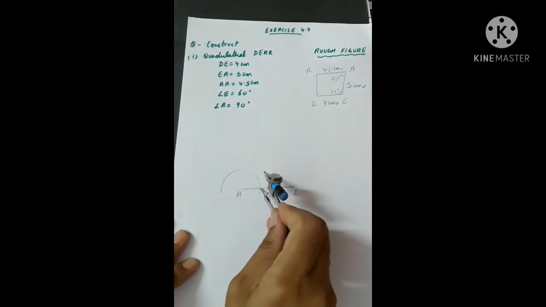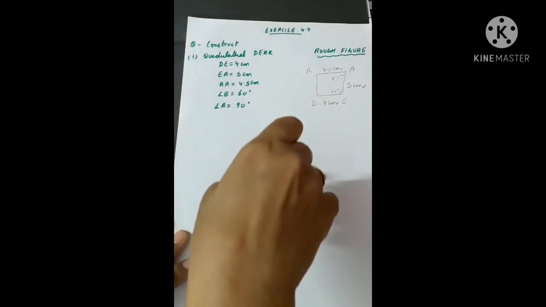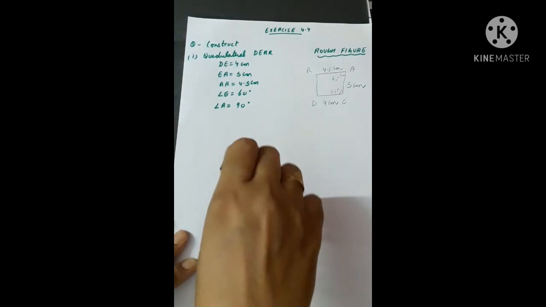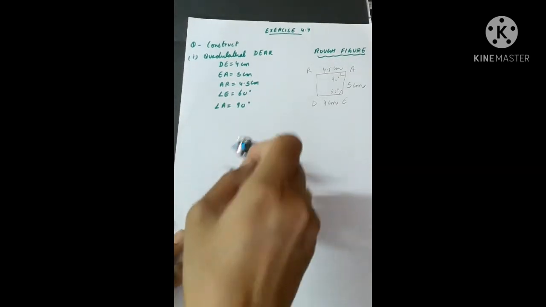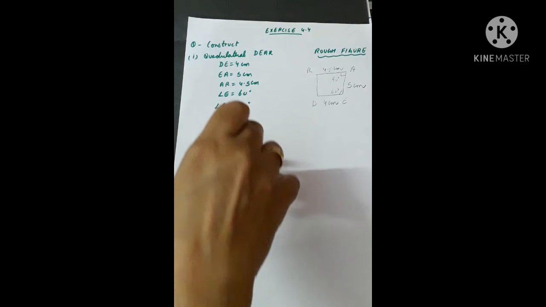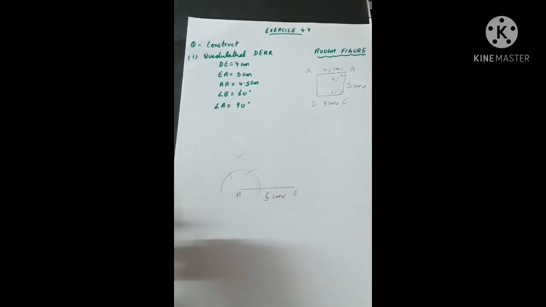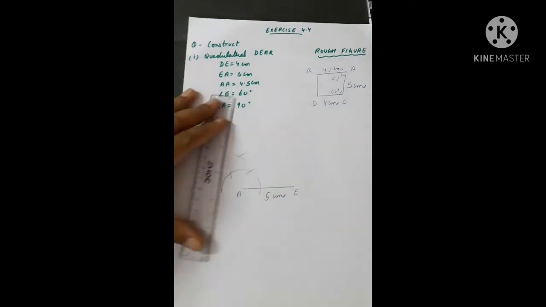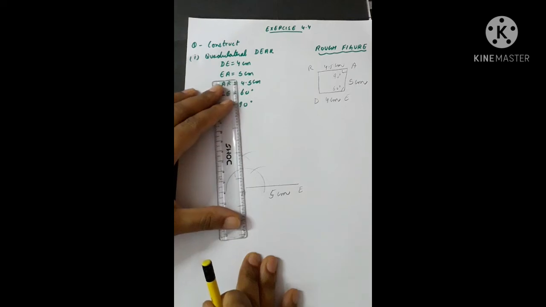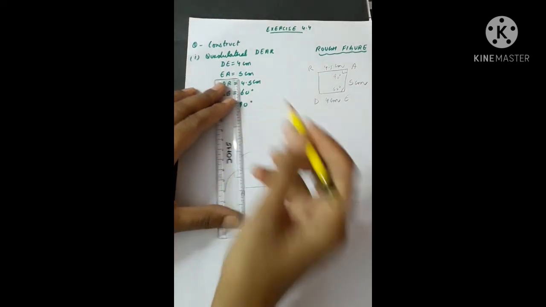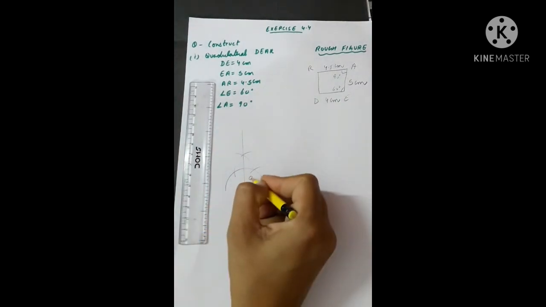First I am constructing at point A. First swing an arc, this is 60, this is 120, and here the bisector of 60 and 120 is 90. So I will join this, angle A I will get as 90 degree. Here you will write 90 degree.